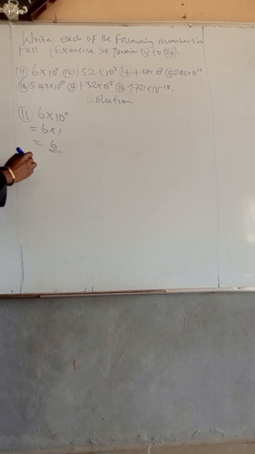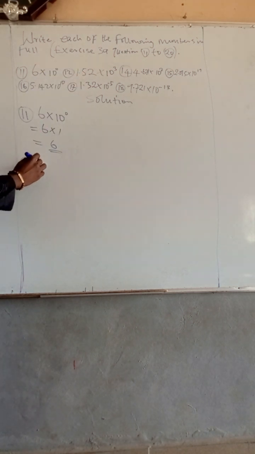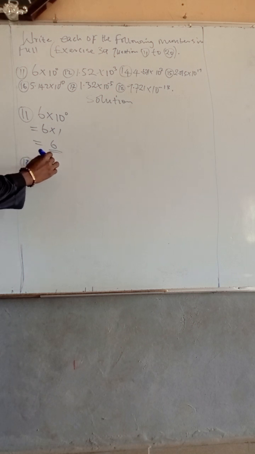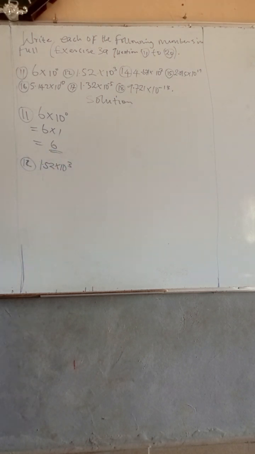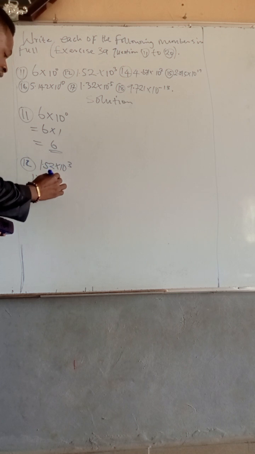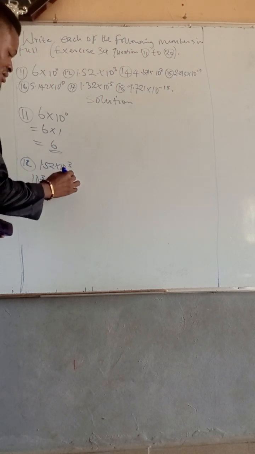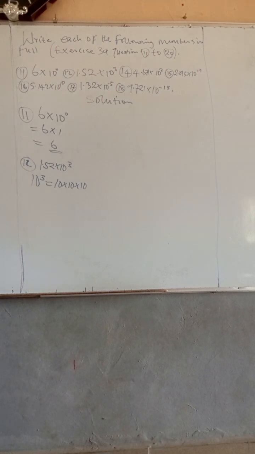So number 12 now: 1.52 multiplied by 10 to the power of 3. This is how I'm going to do it. 10 to the power of 3 is the same thing as 10 times 10 times 10, in 3 places.